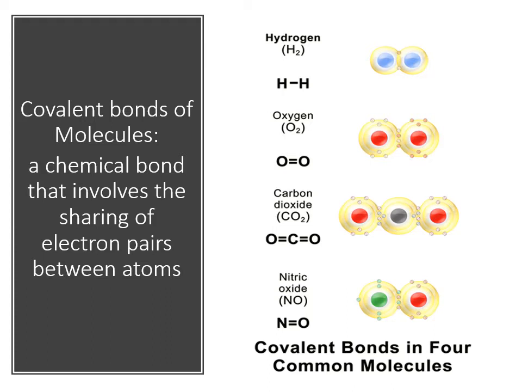CO2, so 1 atom of carbon, 2 atoms of oxygen that are sharing electrons and forming covalent bonds. Okay. Nitric oxide, there's an example of covalent bonds because they're sharing electrons.